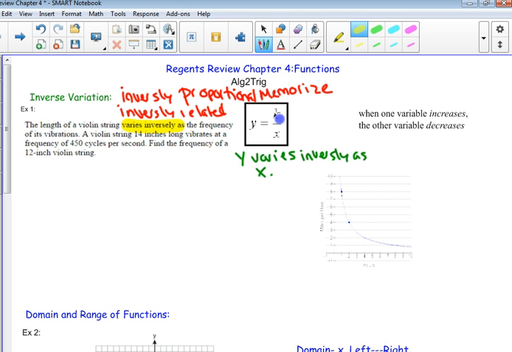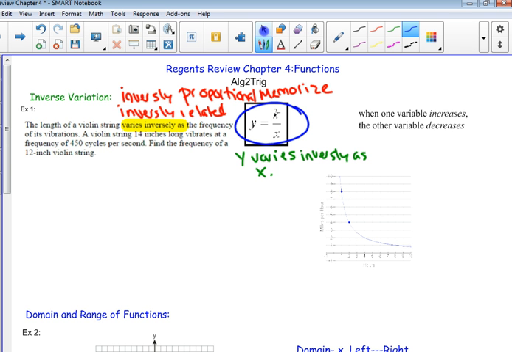Right, you guys see the words varies inversely in here? That's going to be our big clue that we have to use inverse variation. And we want to identify what x's and y's are talking about. The length of a violin string varies inversely as the frequency. So we want to create our own formula using this stuff.